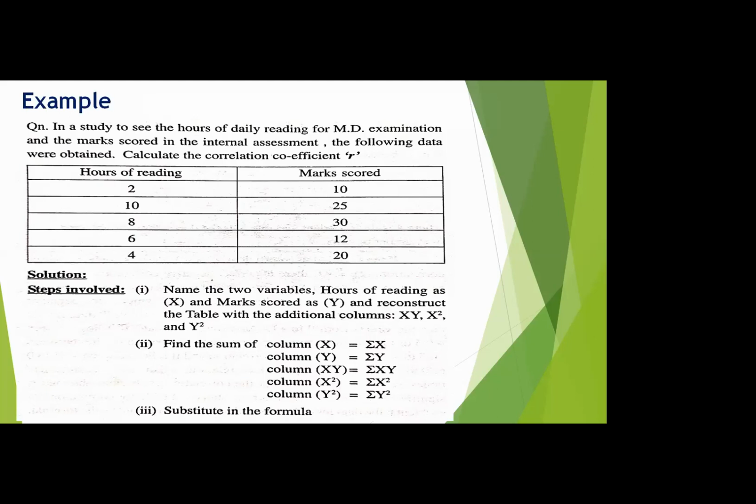We have details of 5 students: the hours they read and how many marks they scored in their internal examination. We want to analyze whether any relation exists between the hours of reading and the marks scored. Both are continuous variables. So how do we analyze the relationship between these two variables?